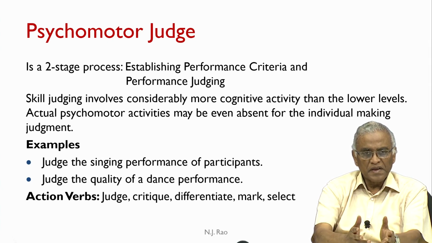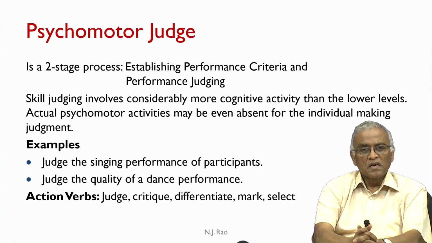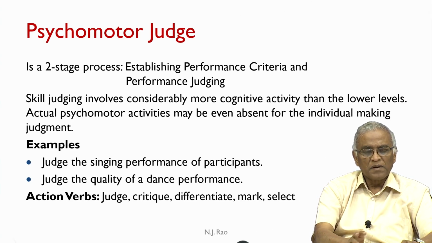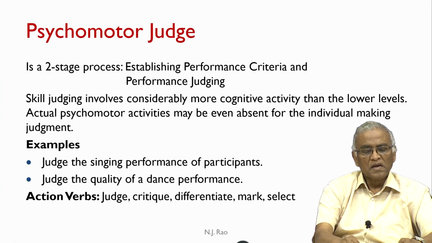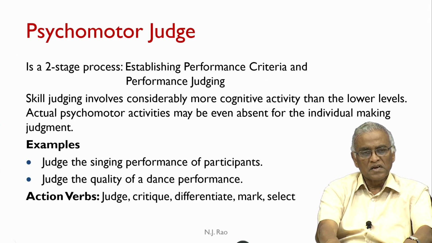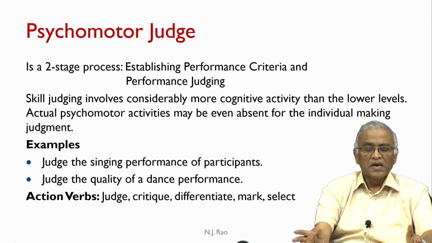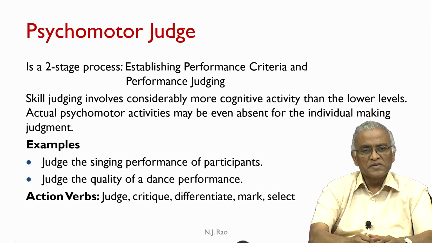Like in many reality shows that you would be seeing related to music, the judge is sitting and comparing, judging the performance of the performer. He is giving some marks. For giving those marks, he has his own set of criteria. He may or may not share with others. If multiple judges are involved in judging the performance, they may commonly agree with a common set of criteria.